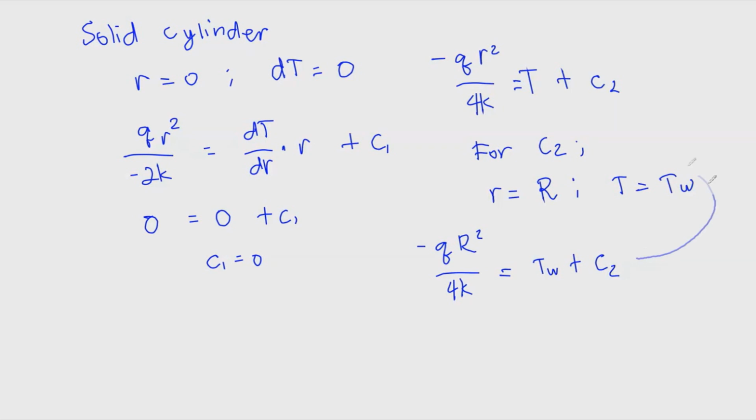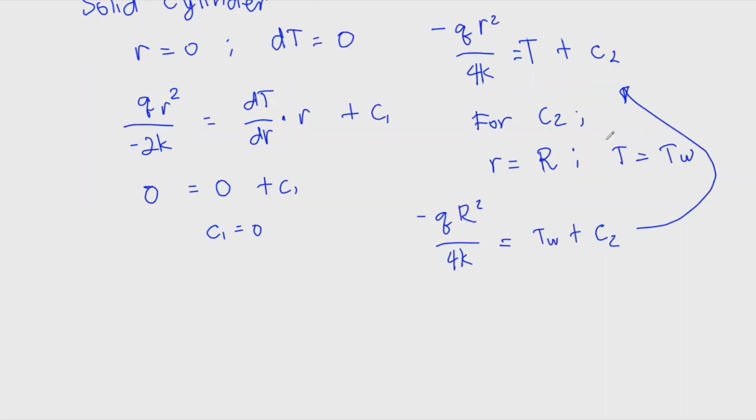And going back to our equation where we will substitute c2, what we get is negative qr squared over 4k equal to T plus c2, so c2 here should be minus, equal to T minus q R squared over 4k, and then if we transpose this, that would be negative Tw.